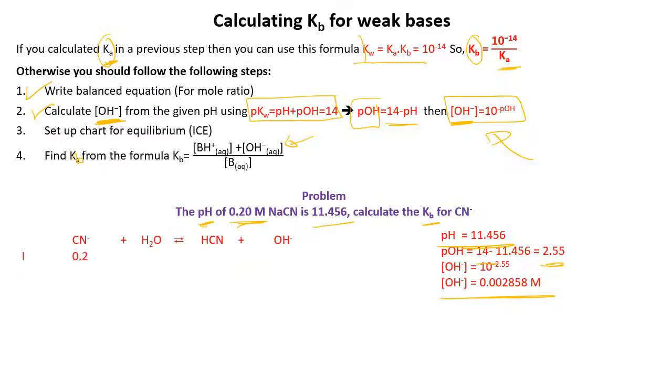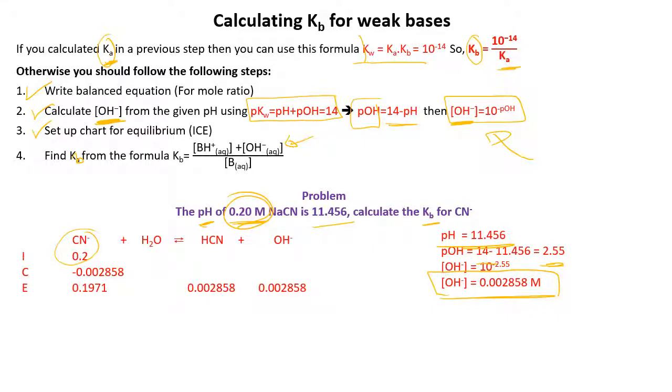Then we should set up the chart for the equilibrium, where the initial concentration of CN negative is 0.2 from the problem. Then the change: what is the change? It is the concentration of OH negative formed during the equilibrium.